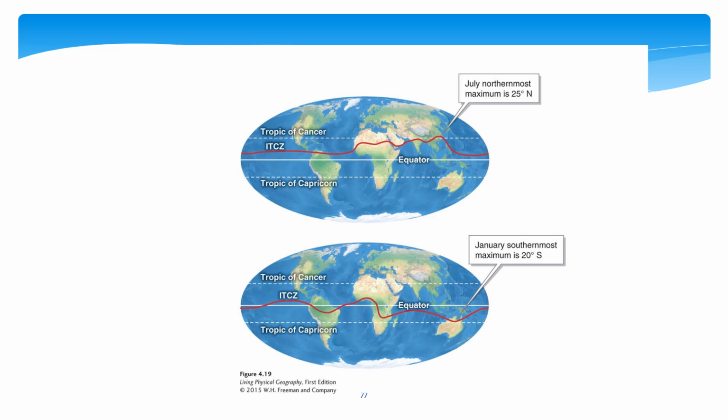If your rainy season depends on an area of low pressure and a lot of cloud building, when is your rainy season going to be? It's going to be when the ITCZ is closest to your position. And you will probably have less precipitation as it moves away. That's going to have some real implications when we get into monsoon wind systems and precipitation patterns, which I believe we're going to touch on in the next lecture.